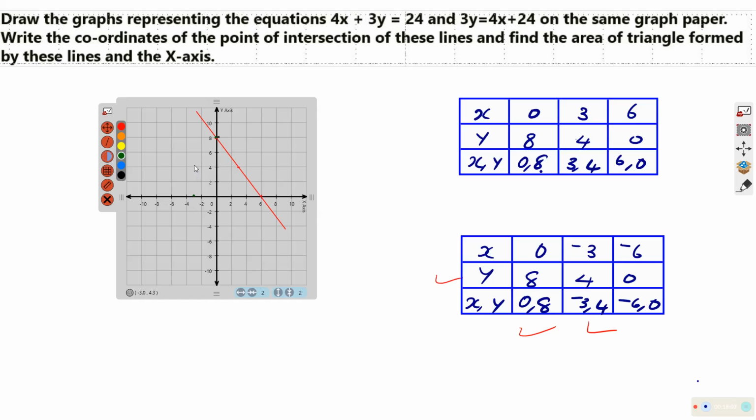Minus 6 means negative 6 will be on the x-axis on the left side, and 0 means y is 0 and x is minus 6. So it will be on the same line. You will mark at minus 6 only. We got all the 3 points here. Now we have to join these 3 points to form the graph line.